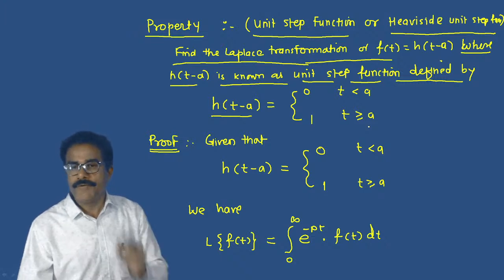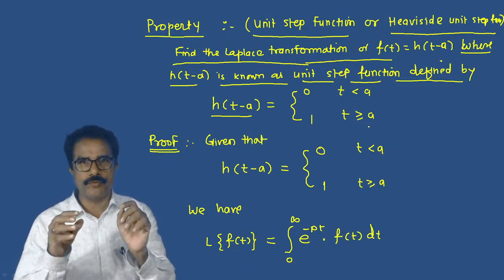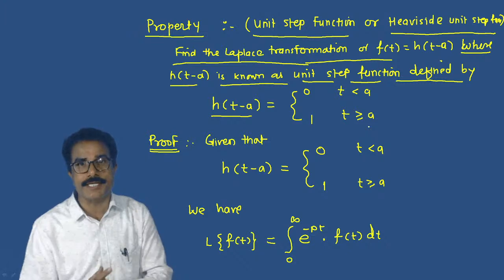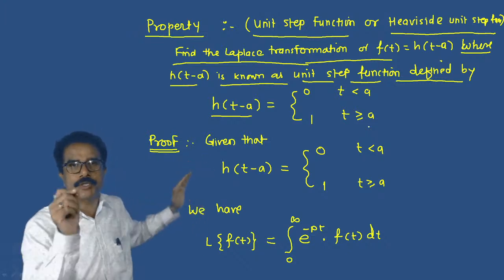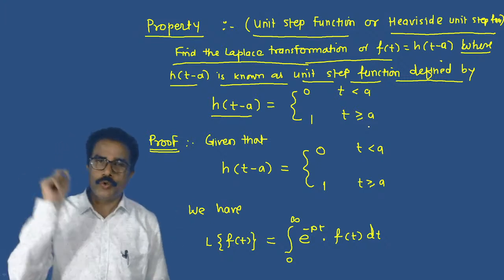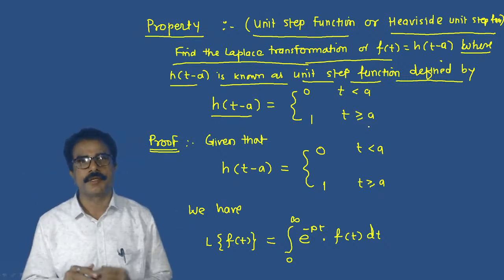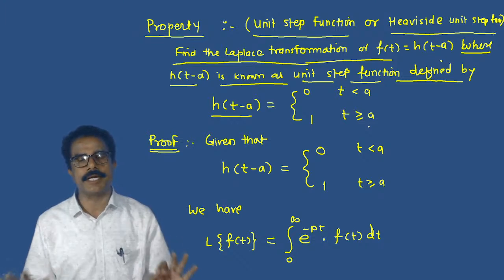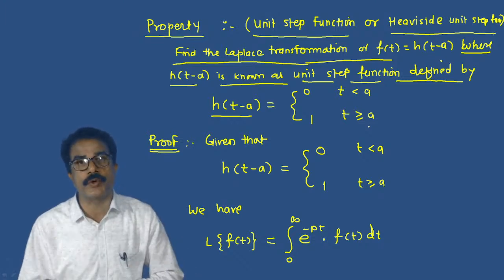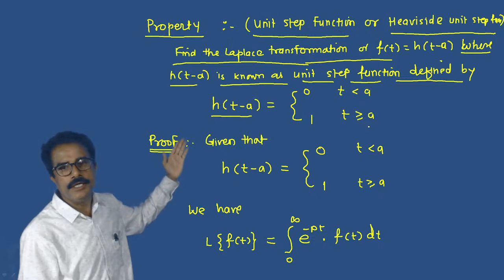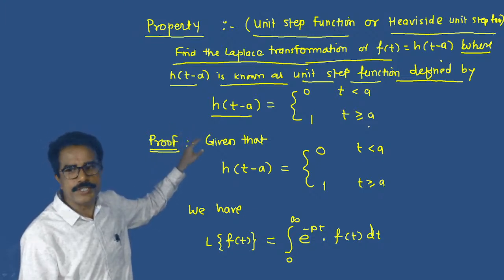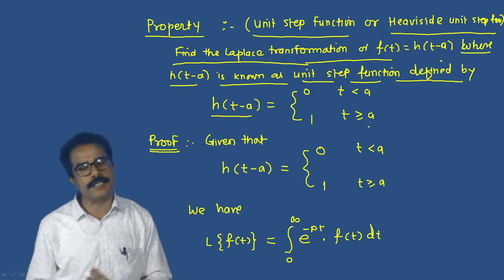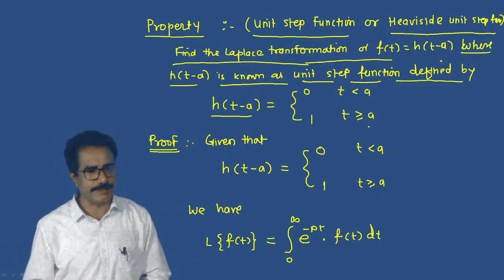First of all, you must know which function is called a unit step function, because this is a special, particular type of function. So f of t equal to h into t minus a is called a unit step function.